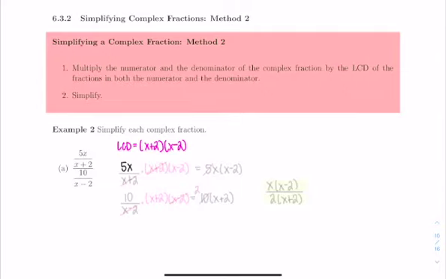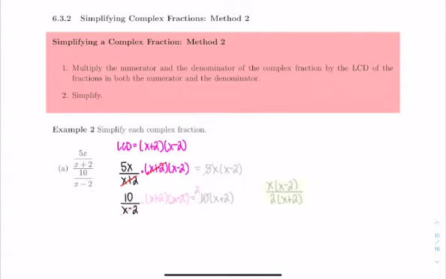So we have our 5x over x plus 2 times our LCD, which is x plus 2, x minus 2. And so what's going to cancel here is the x plus 2. And in the denominator, we have 10 over x minus 2.